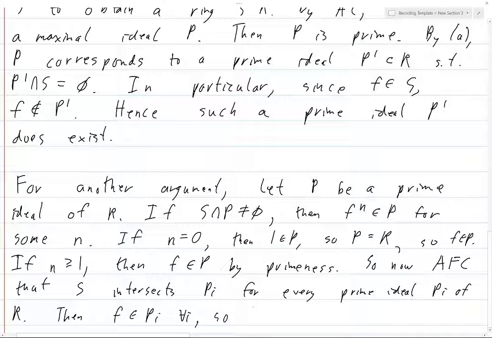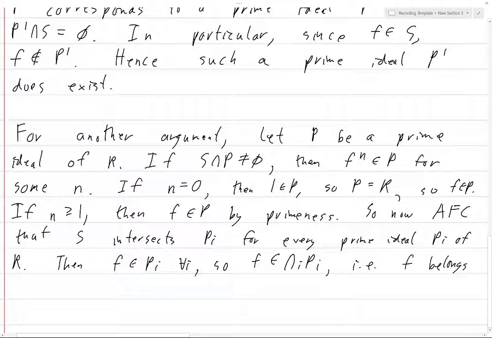So f is in the intersection of the Pi, i.e. f belongs to the nil radical. That's a fact about the nil radical. Here, actually, let me write out the rest of this argument and then go back and talk about the nil radical.